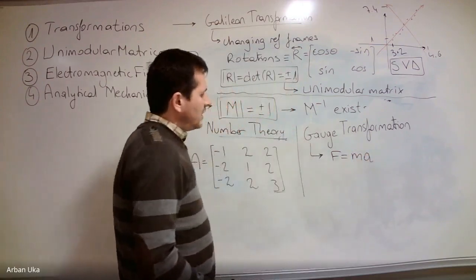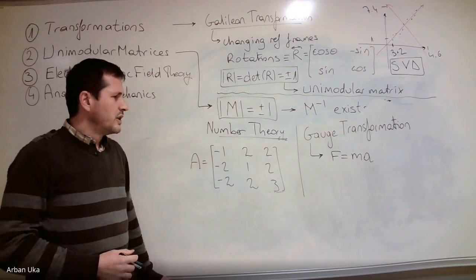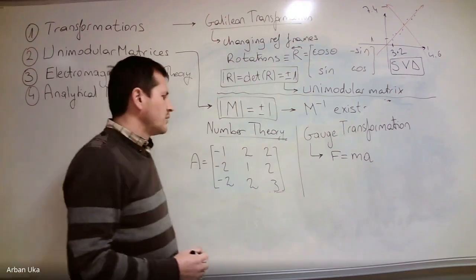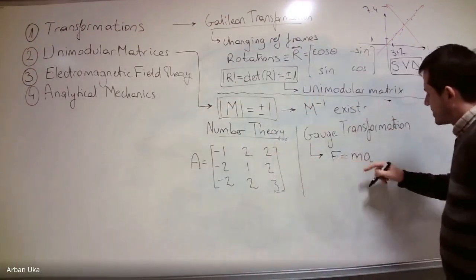Okay. Now in electromagnetism, we have electric field and magnetic field, whereas this is for classical mechanics.